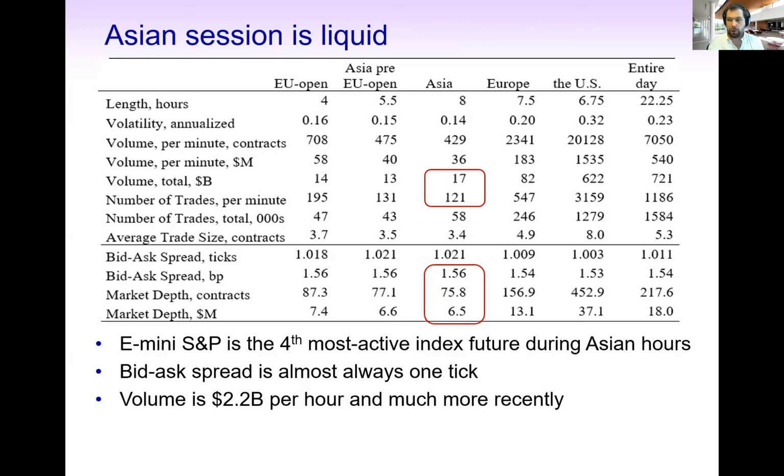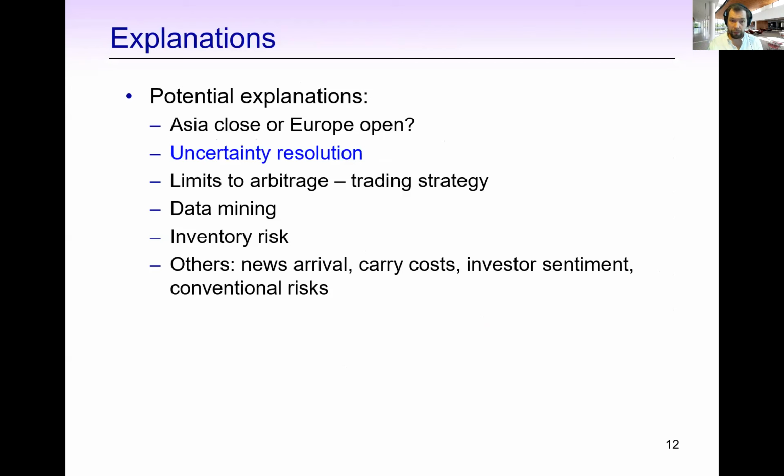The bid-ask spread is almost always 1 tick or about 1.5 basis points, with about $6.5 million at the best bid and ask. Of course, if we move to European session, the liquidity quadruples, and for the Asian session, the liquidity improved a lot over the sample period. So even the Asian session is very liquid.